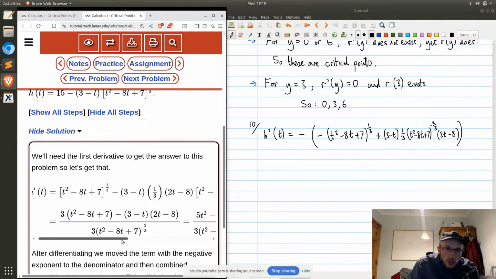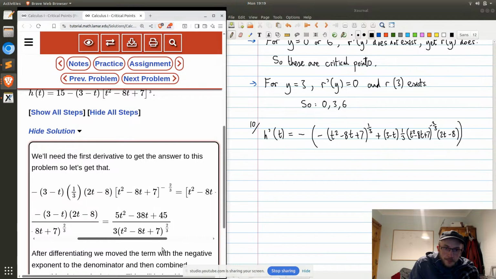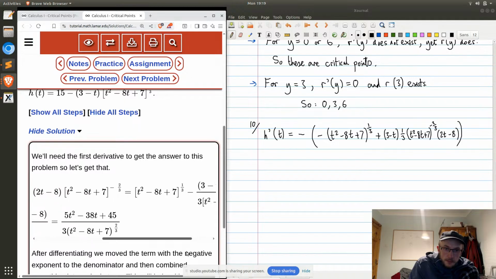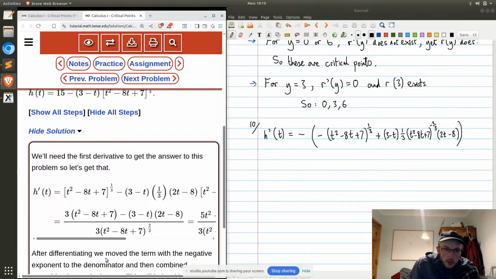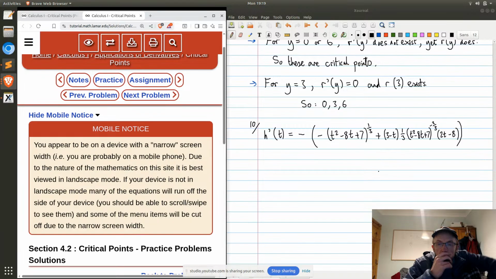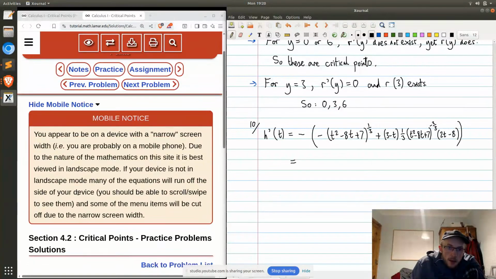Am I at least on the right track? All right, bit of messy algebra here, but let's see if we can do it. Wait.